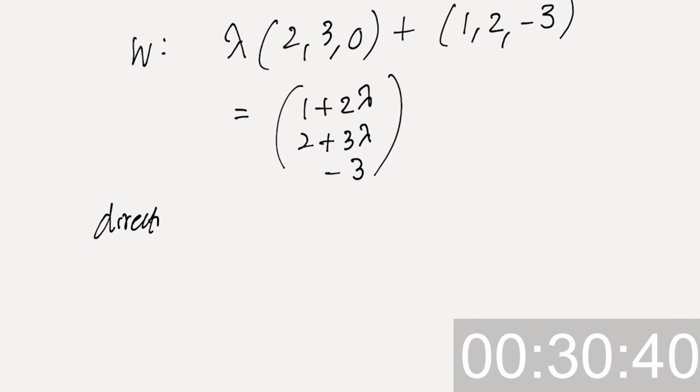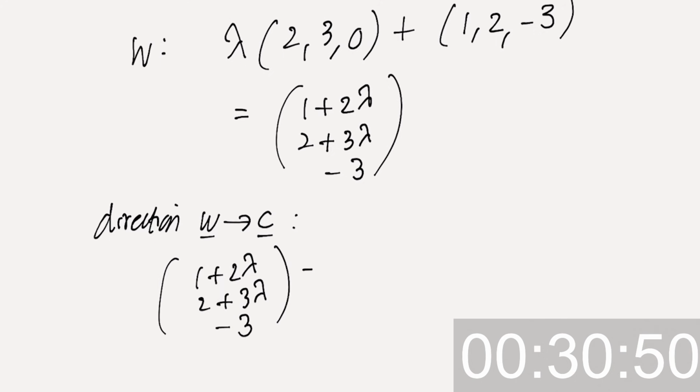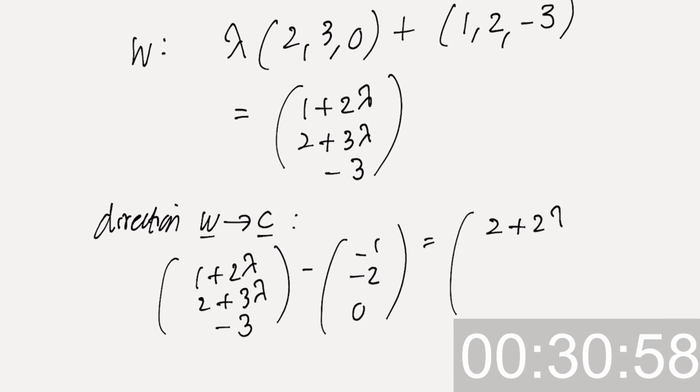Okay, and I want to know this specific point where they're perpendicular. So I want to know the line that passes through this point on the line and C. So the direction between W and C is 1 plus 2 lambda, 2 plus 3 lambda, minus 3, minus the point C. Okay, so that gives me a plus 1, so that's 2 plus 2 lambda, plus another 2, 4 plus 3 lambda, and then that's minus 3.